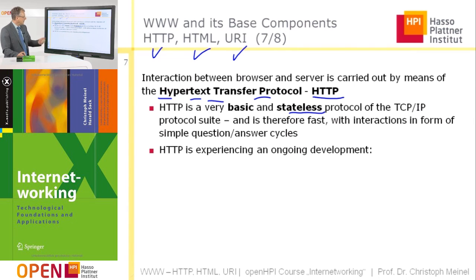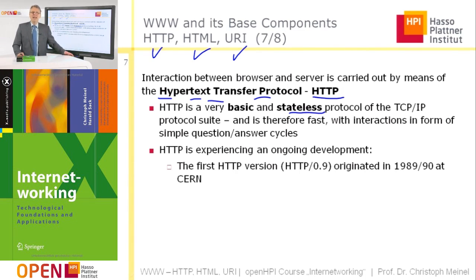HTTP is very important, and HTTP has experienced an ongoing development. The first HTTP version was HTTP version 0.9. It originated in the beginning of the web in 1989, 1990 at CERN.